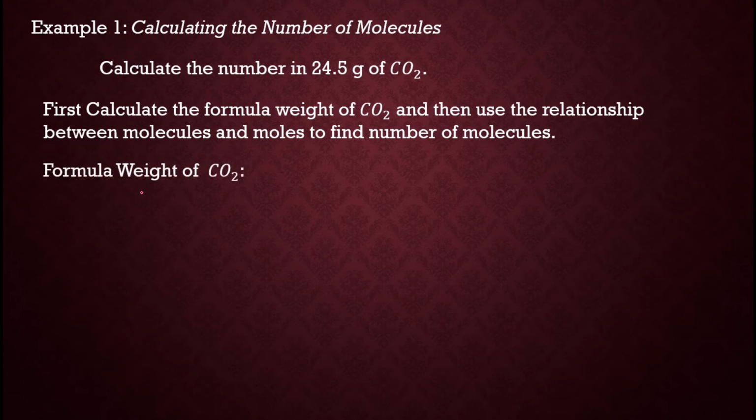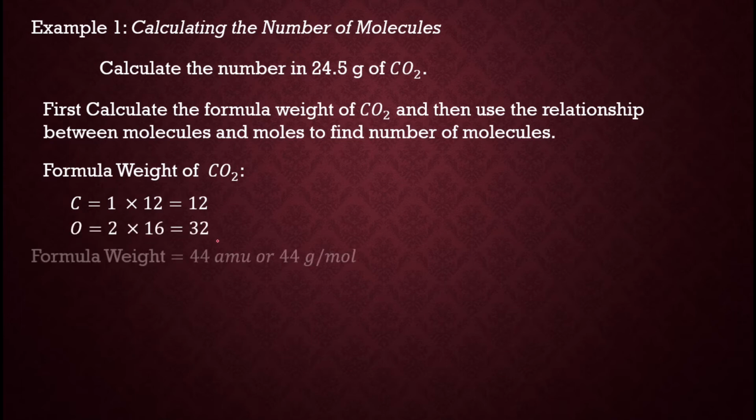So for the formula weight of CO2: C consists of one atom, so 1 times 12 is equal to 12. Then for the oxygen, 2 times 16 is equal to 32. The formula weight calculated is 44 amu or 44 grams per mole.